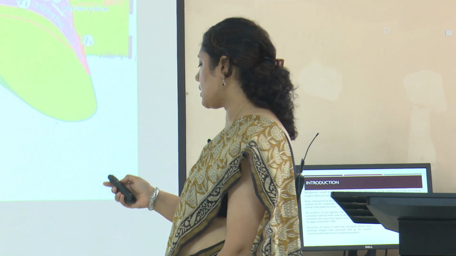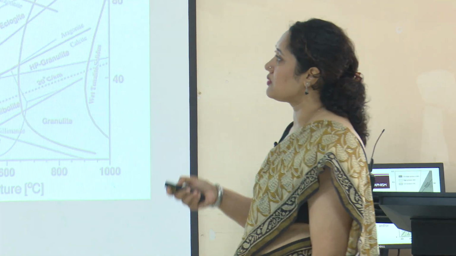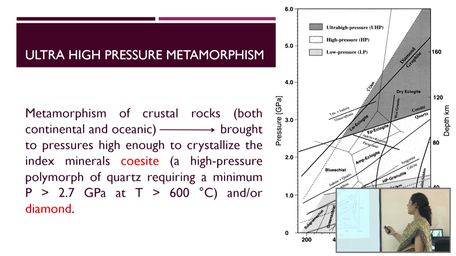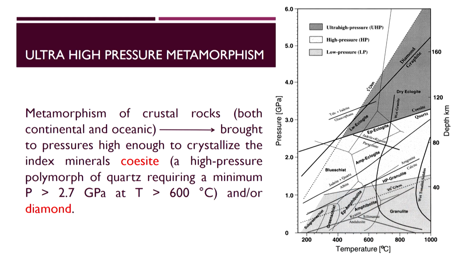and that can be summarized in this PTD diagram, which primarily tells you that when the crust is subducting, it has to reach a depth of somewhere about 100 kilometers at least for it to undergo ultra high pressure metamorphism, and anything below that is typically high pressure metamorphism.